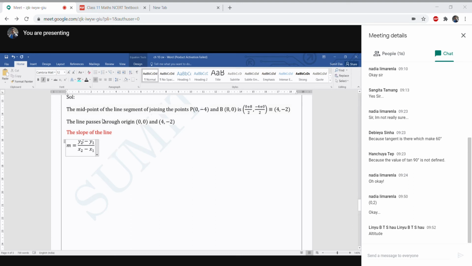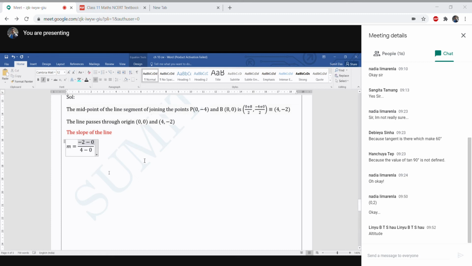What is y2? Here y2 is -2. What is y1? 0. What is x2? x2 is 4. What is x1? 0.